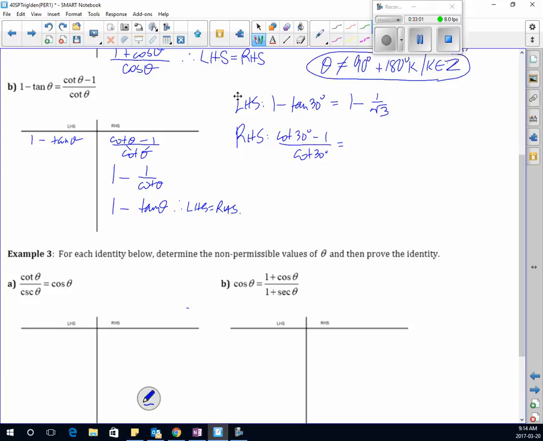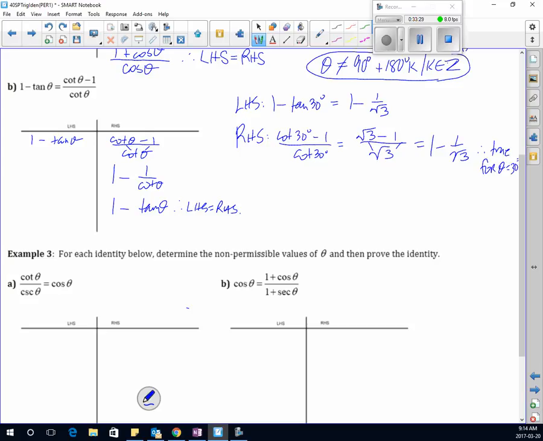What's cotangent of 30 degrees? Root 3 minus 1 over root 3. So, if you just saw my trick I just did before, you can divide both of these by root 3 and you get 1 minus 1 over root 3. Therefore, true for theta equals 30 degrees.